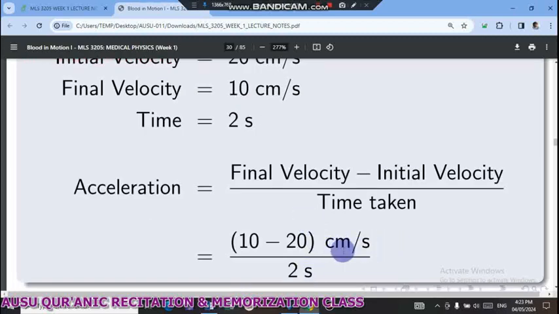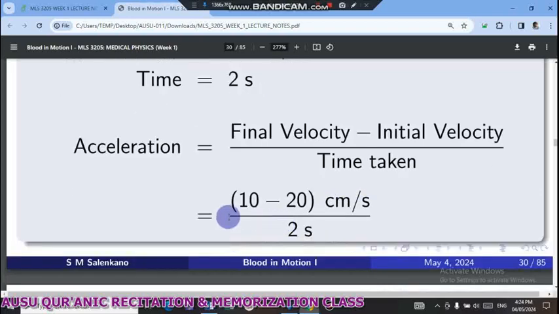Why am I opening bracket and closing? It is because they have the same unit. I don't want to write this centimeter per second twice, so I open bracket, close bracket, and put the subtraction inside, and then I put centimeter per second. It means this unit is for the two of them. Then divided by the time taken, which is 2 seconds.